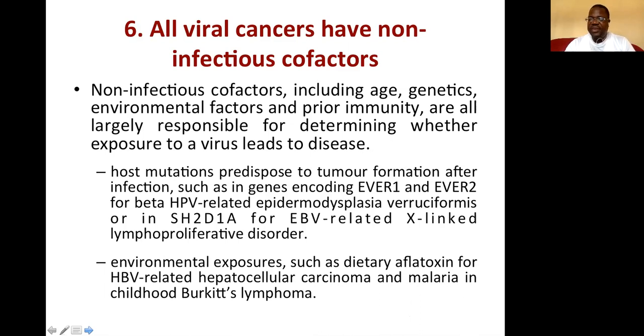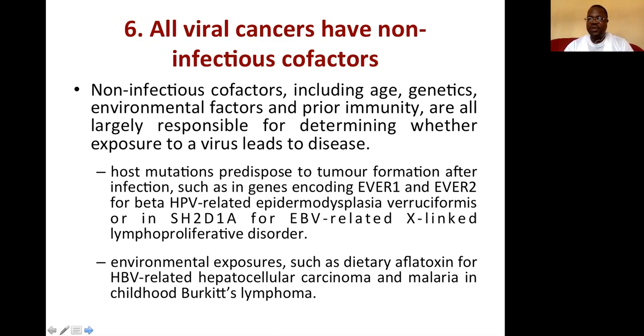Environmental exposure can be the diet. I spoke about maize. People who eat maize that is not well stored, for example, it contains aflatoxin, and we have also peanut. Those are associated with hepatitis B related hepatocellular carcinoma, the cancer of the liver.